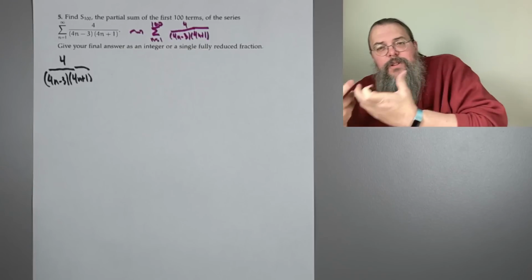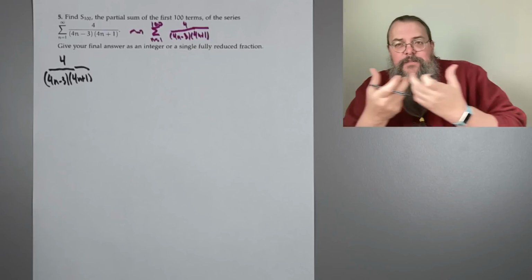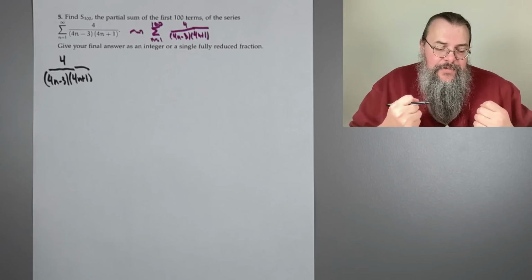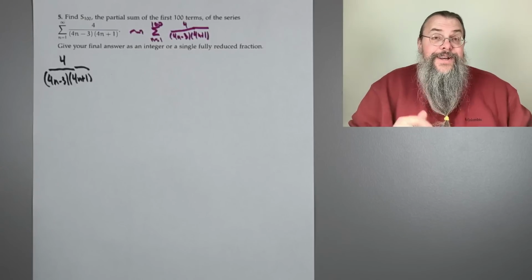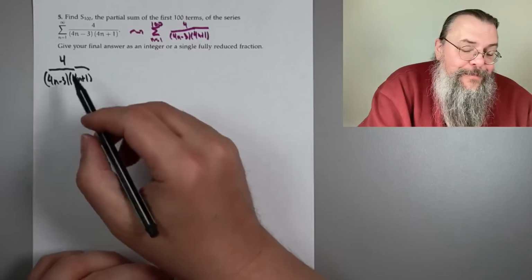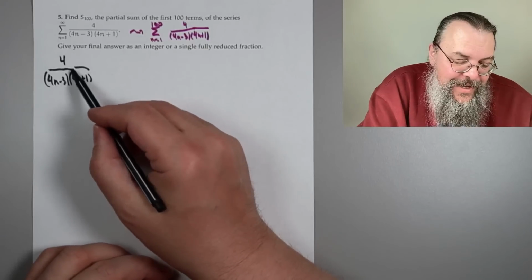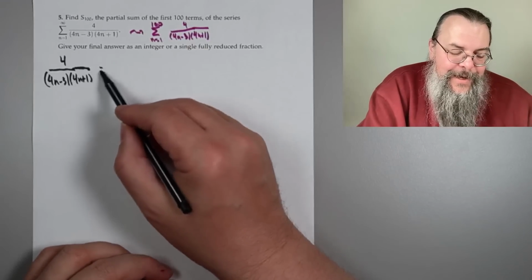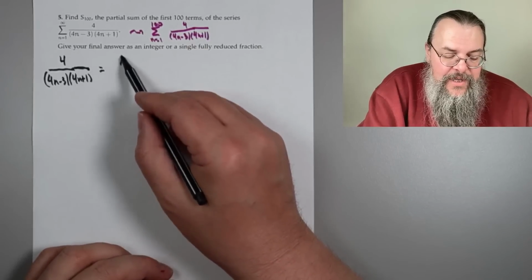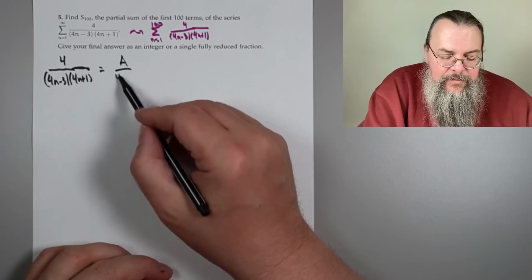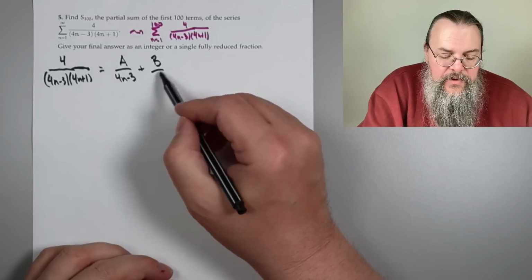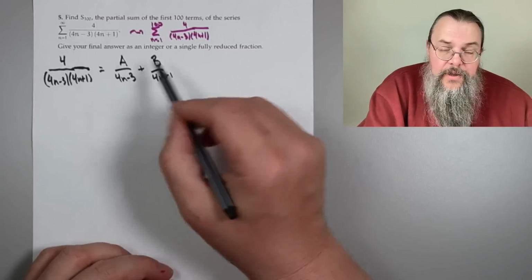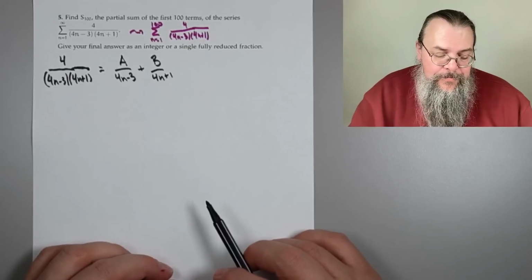The goal is that when we look at consecutive parts, we get cancellation. Do we have a way to pull things apart? Yes, partial fractions. So we're going to have something over 4n minus 3 and something else over 4n plus 1, with A and B to be determined.